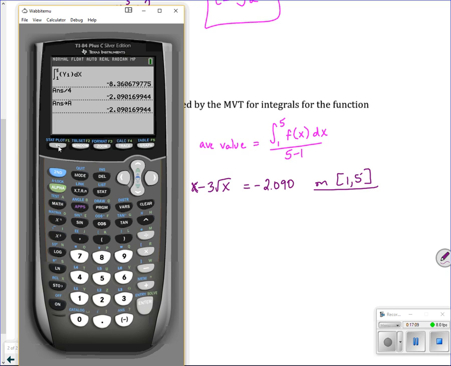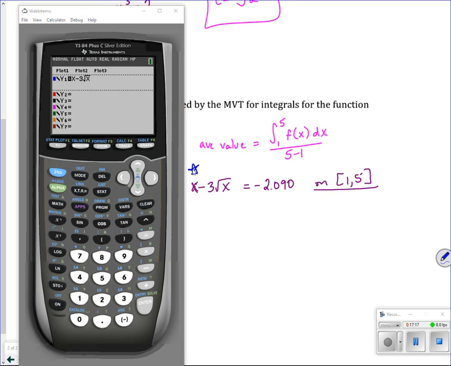So let's go back to y equals. Friends, anytime you have a function and what it needs to equal, you do y1 and y2. I already have y1 in there, so again, that's why I like to put it in there. And in y2, I'm going to hit alpha A because that's this number right here, the whole thing. Now, before I hit graph, I'm going to be smart about setting my window.